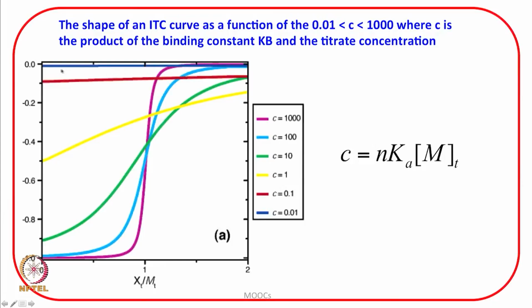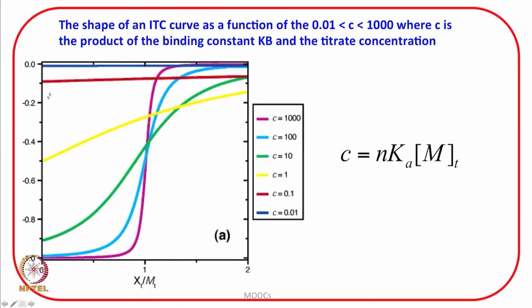This is corresponding to a value of C which is equal to 0.01. This is for 0.1, and for a C value of 1, yellow line is observed. For a C value of 10, the green curve. For a C value of 100, the bluish curve, and for a C value of 1000, this violet type of curve is observed.